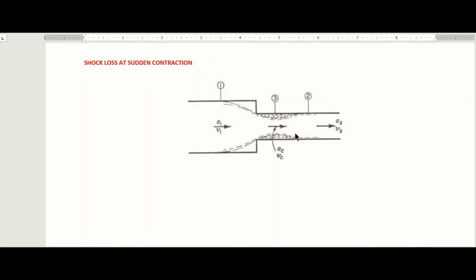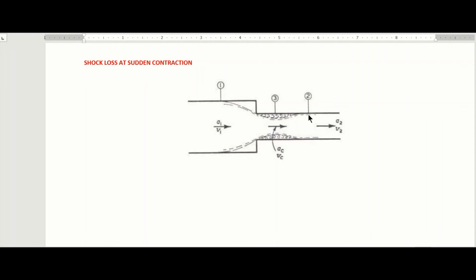So we have to consider the loss of energy from point 1 to point 2. I know you might think that from point 3 to 2 is enlargement, but for this we have to consider the loss from point 1 to the smaller pipe at point 2.